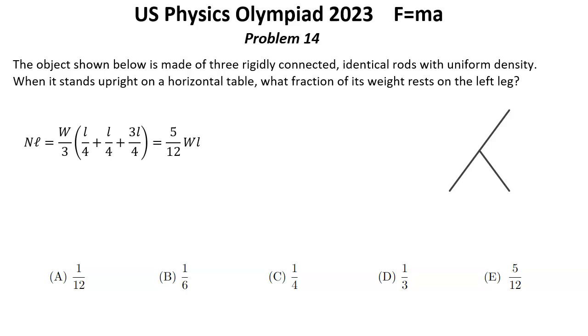Torque from normal force N equals NL, which is equal to W over 3 multiplied by 3 distances from the center of mass of each of the 3 rods, which are L over 4, L over 4, and 3L over 4, which gives us 5 over 12 WL. And from here we have N, the normal force on the left leg, is 5 over 12 W, which is answer E, and that was the solution for problem number 14.